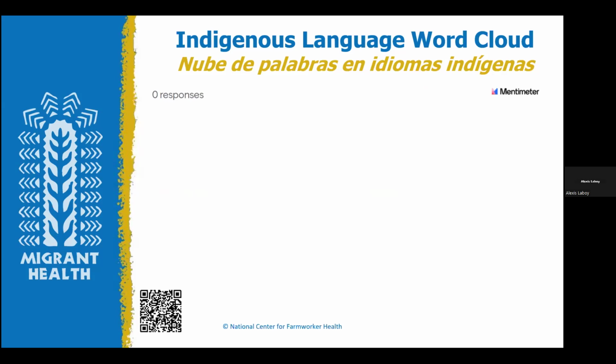As you start putting those answers, some of those languages will start popping out in this word cloud, and it will give us an idea of what languages you are working with, or what your patients, your indigenous workers, etc. What are the languages that you are seeing in your population? Let's see if we get some responses.